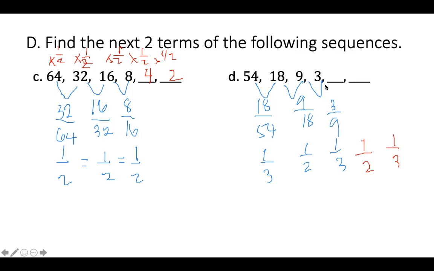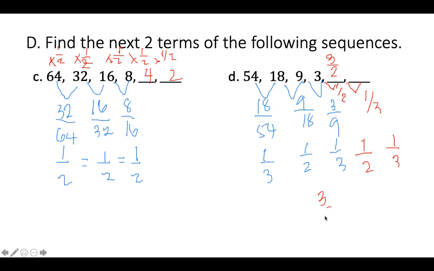So here, the ratio here is 1/2, and the ratio here is 1/3. So which means that we need to multiply 3 by 1/2, right? Or we need to divide 3 by 2. So this becomes 3/2, okay? And to get the next term, we need to multiply 3/2 by 1/3.